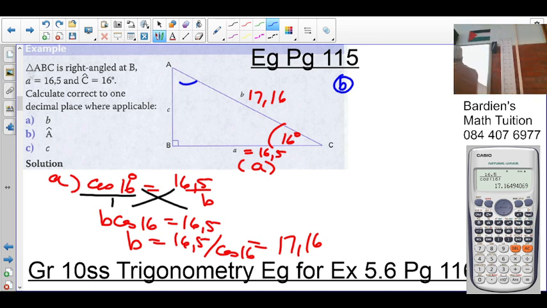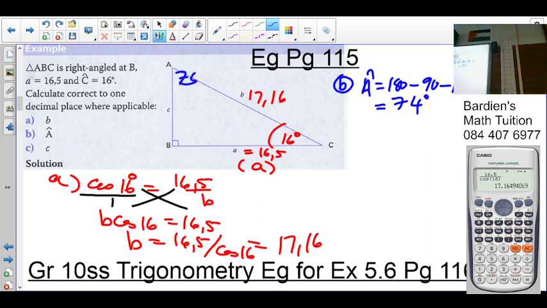So what do I say? Angle A is equal to 180 minus 90 minus 16, work it out. 74 degrees. 74 degrees.